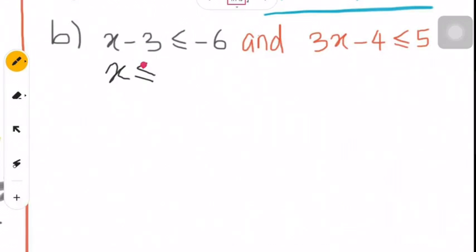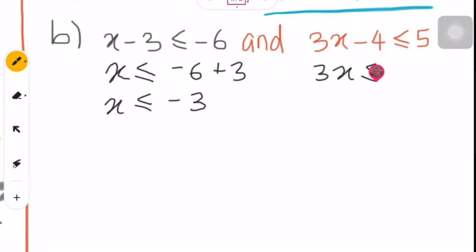Less than or equal to -6 plus 3. So 3x is less than or equals to 5 plus 4. So x is less than or equals to 9 over 3.